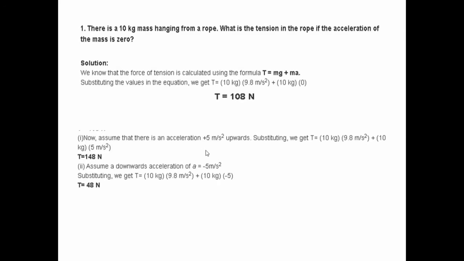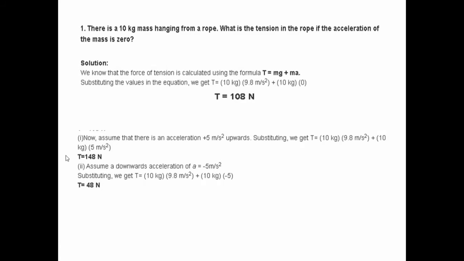So let's see, now assume that there is an acceleration of 5 meter per second square upwards. So here we indicate a plus sign for upward. So plus 5 meter per second square, that means upward in direction. Okay, substituting, we get tension T is equal to 10 kg into 9.8 meter per second square plus 10 kg into 5 meter per second square.